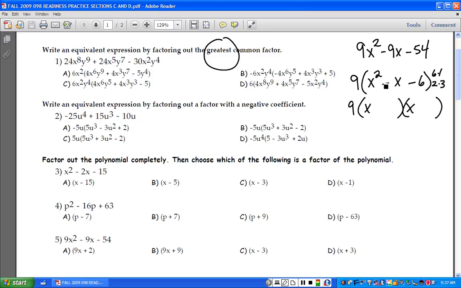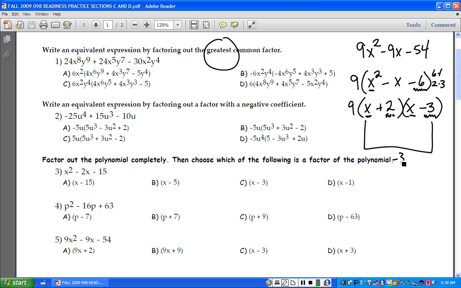And the fact that I know I want to get to a negative 1 in the middle, I say positive 2 times a negative 3. So let's see. First times first gives us the first. Last times last gives us the last.